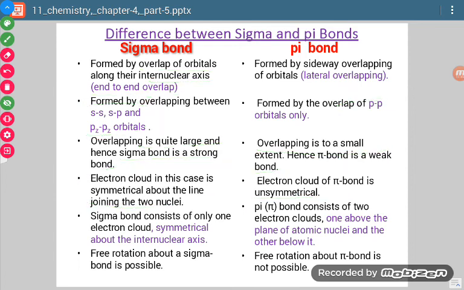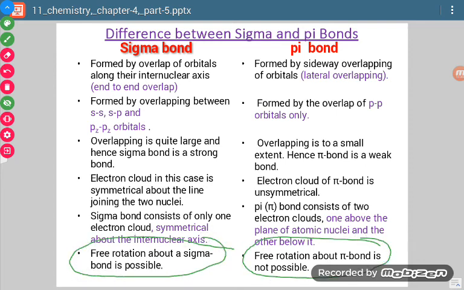Okay, now if we talk about sigma bond, there will be only one electron cloud. Okay, but here, just like now we saw, there were two electron clouds, one above the internuclear axis and one below the internuclear axis.